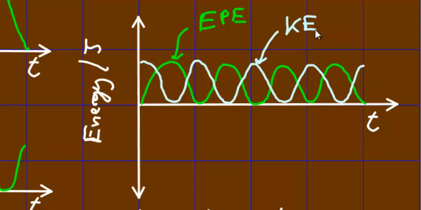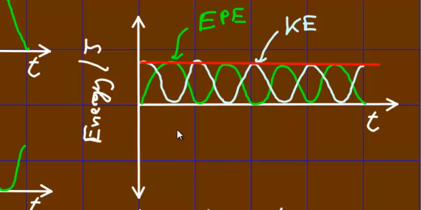Hopefully it makes sense that the total energy in the system at any given time is still constant. Conservation of energy. And so the total energy graph would look something like this. It would be a flat line, like so.